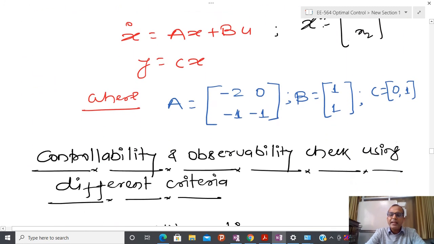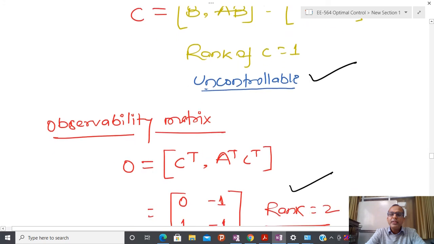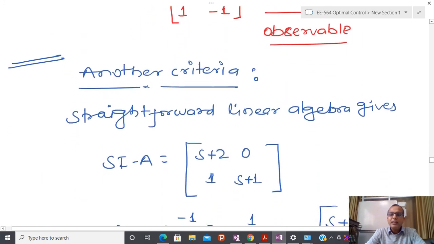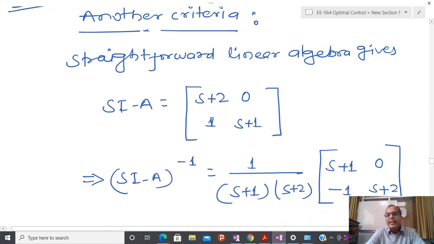And after that, now let us come to another criterion. By linear algebra, one can see that this criterion is based on the following simplification.